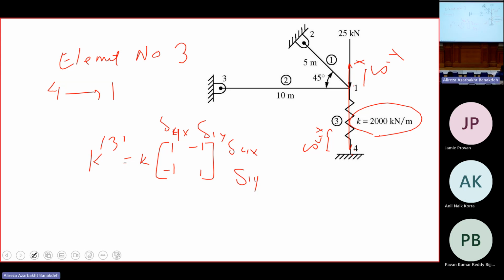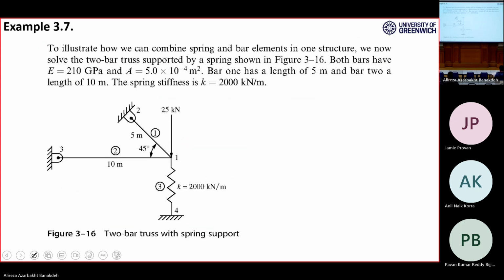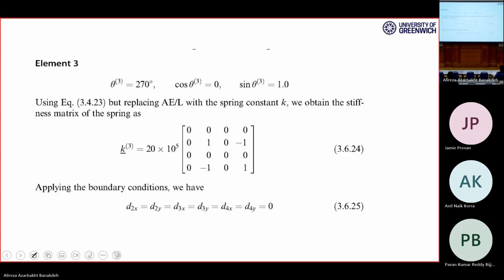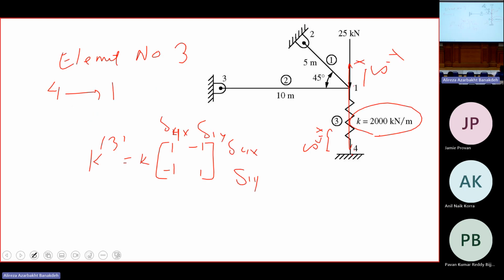So for the big matrix, you should have a sort of 8 by 8, but the 8th row and column will be 0, so 7 by 7 is enough.